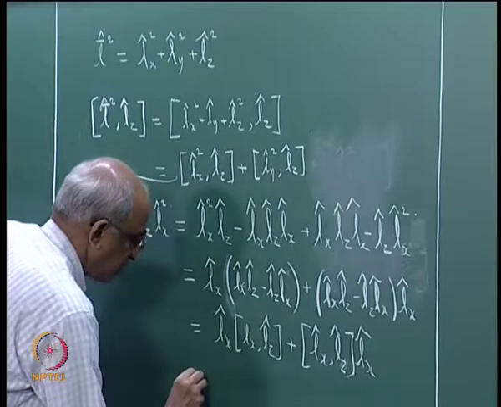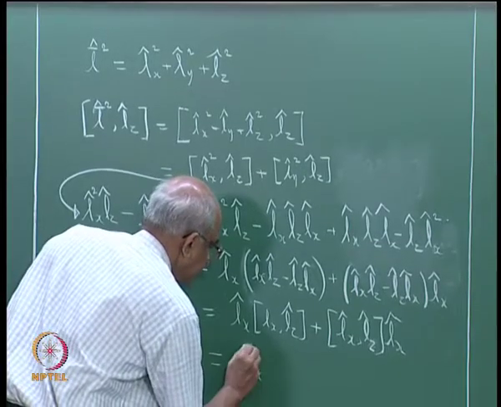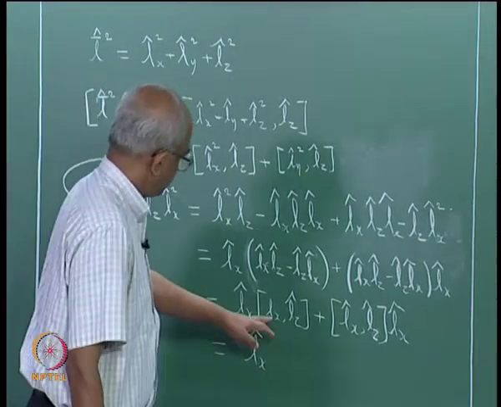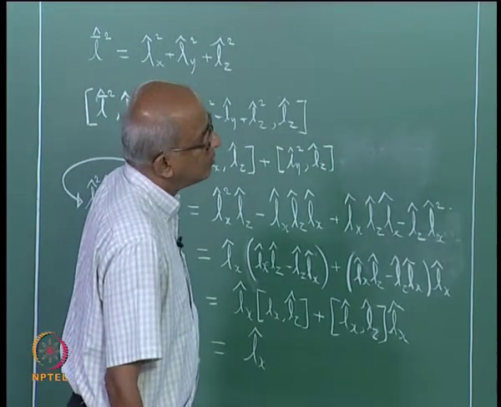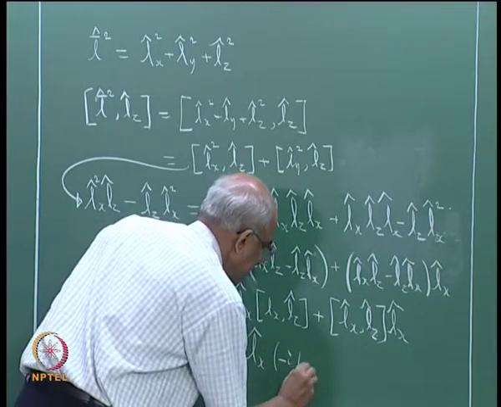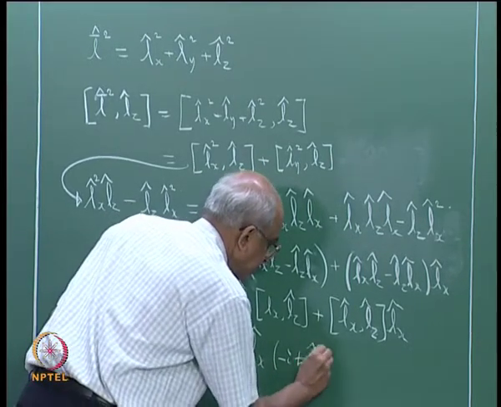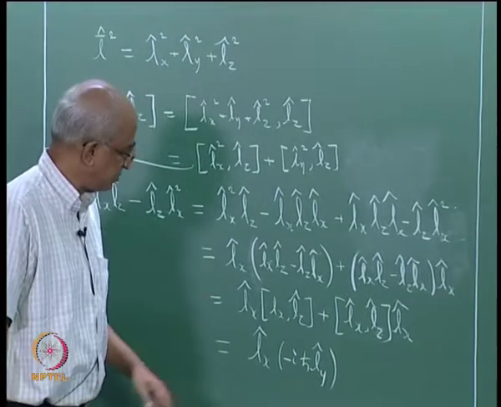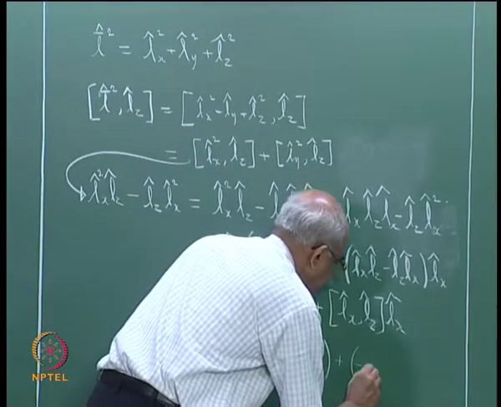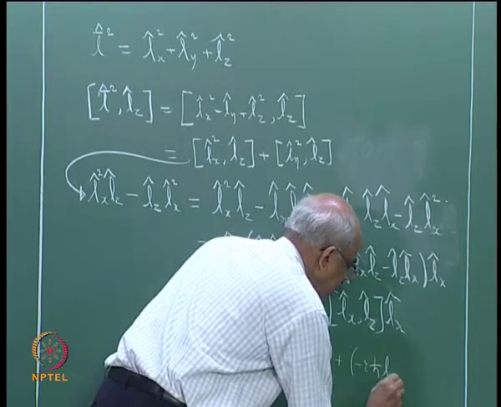This is going to be equal to Lx, this object is actually minus iħ Ly, correct? This object is minus iħ Ly, and again this also is minus iħ Ly.